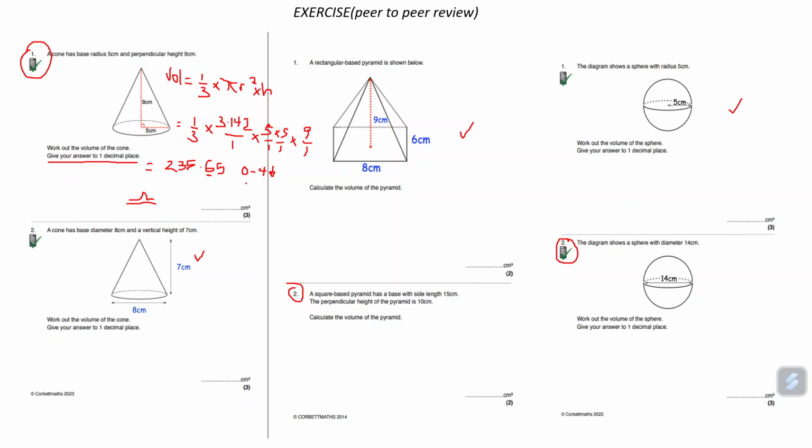But if the number is 5 to 9, you round up. In this case, this is 5, so it falls here. You round up, adding 1 to this. So your final answer will be 235.7 centimeters cubed. Remember, we are talking about volume, so this will be centimeters cubed.